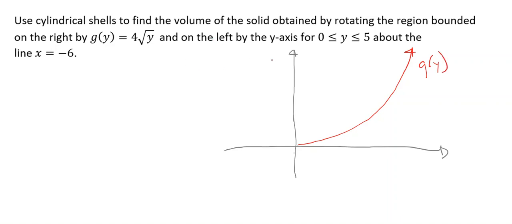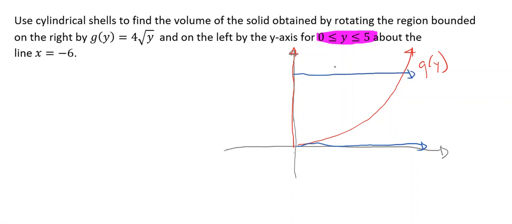And we're bounding it on the left by the y-axis, so that is going to be right here. And between y equals 0 and 5. These are my bounds on the y-axis. So we've got 0 being the x-axis, and 5. We'll put 5 right up here.